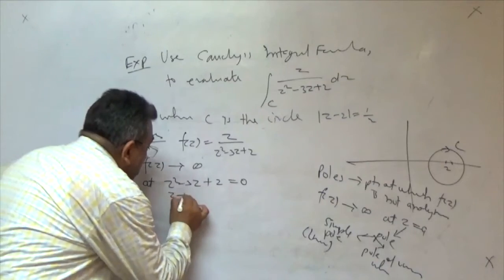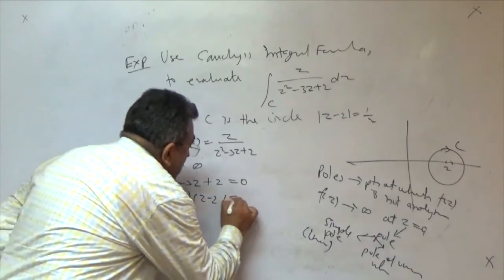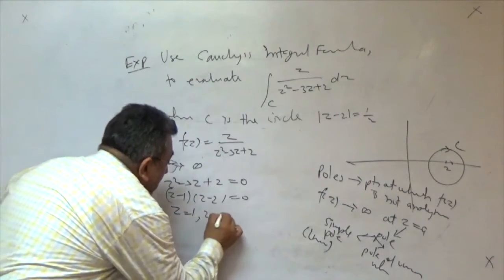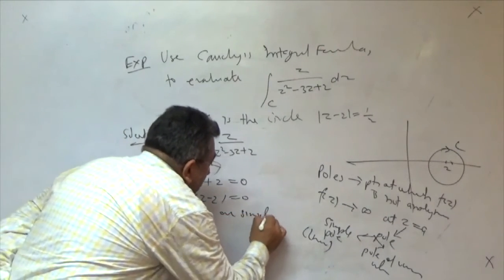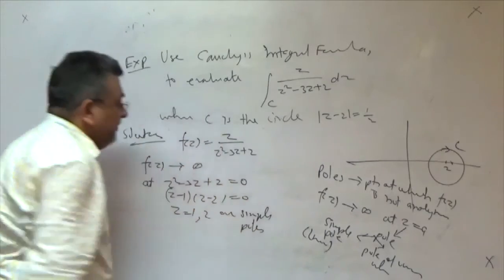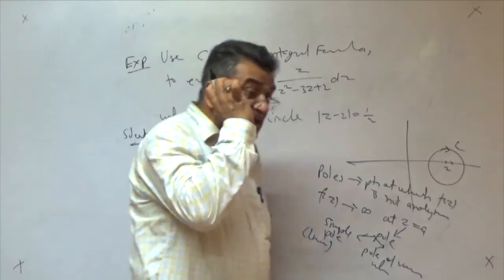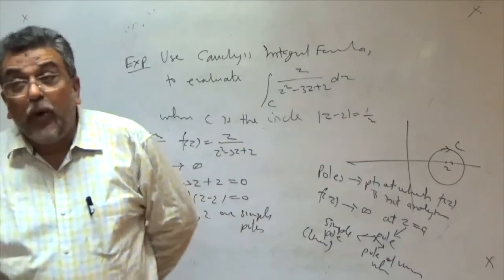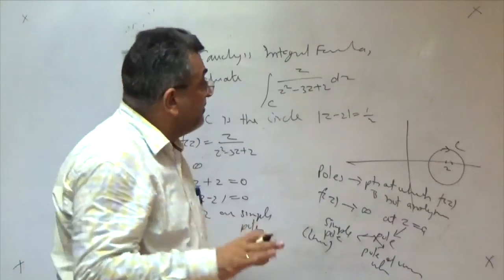Factorize this: z minus 1 and z minus 2 equal 0. These are two factors, so z equal to 1 and z equal to 2 are simple poles, right? And these are two points at which f(z) is not analytic.